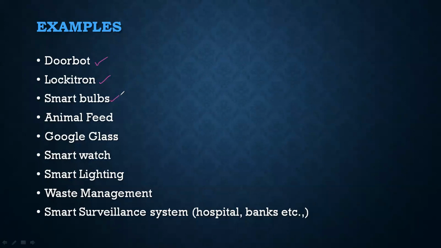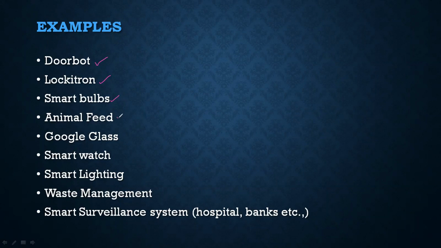These smart bulbs are placed in your house. Based on the environment, the color will change. According to the user's mood or the weather conditions, these smart bulbs can automatically change the color.